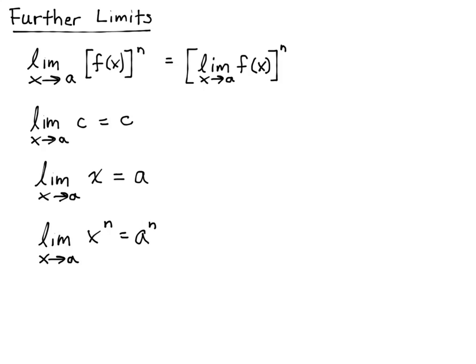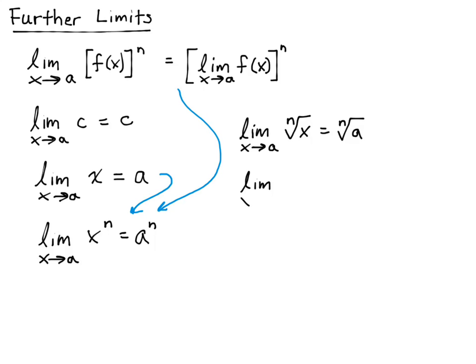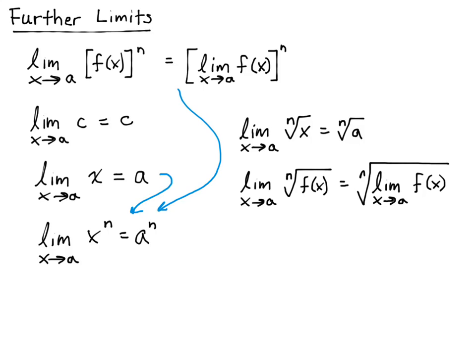And then we also have, because of the first and that third line, those contribute to making the limit as x goes to a of x to the n equal a to the n. And then the exponentiation rule also translates into roots, because remember, taking the root is using an exponent as a rational number, not just as an integer.